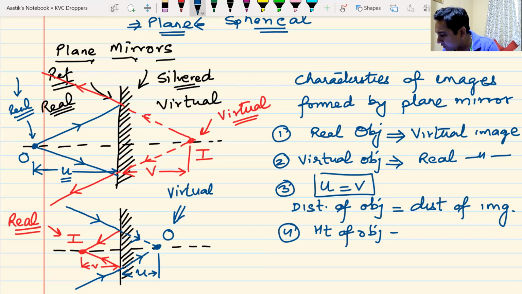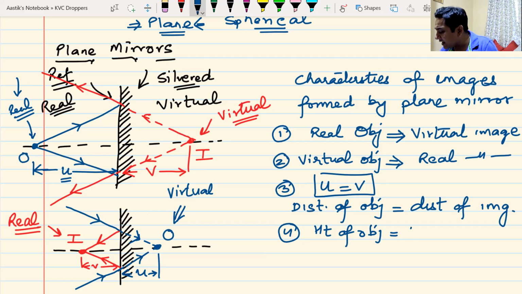remember, to understand a plane mirror, you can easily understand it by imagining yourself in front of a plane mirror. Most of the mirrors that you use to see your face in are plane mirrors. The height of the object, in that case the object is yourself, and the height of the image. What is the relation between the height of the object and the height of the image?